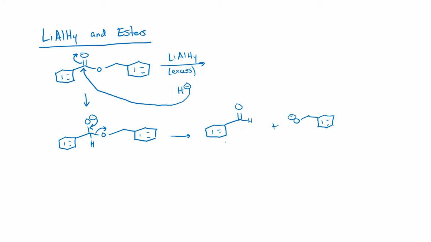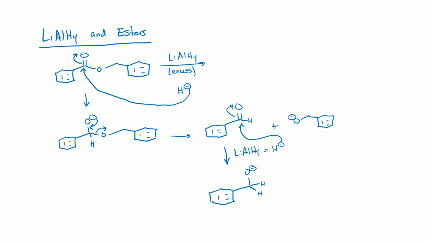What is interesting is that we have an aldehyde, and because I said we have excess lithium aluminum hydride around, we already know what happens to aldehydes when lithium aluminum hydride is around. We're going to add to that carbonyl again, and we're going to end up adding 2 equivalents of H minus to this. We're going to get a primary alcohol out of this reaction.